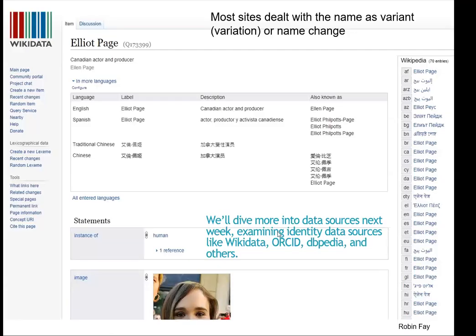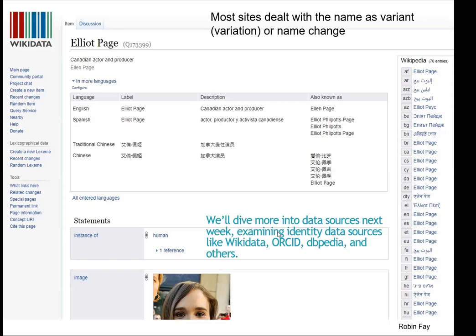And we're going to talk much more about data sources, and dive into really looking at them. But I wanted to look at Wikidata and name authorities and talk about the difference. Wikidata typically does not connect identities together to the extent that we do within Library of Congress name authorities.